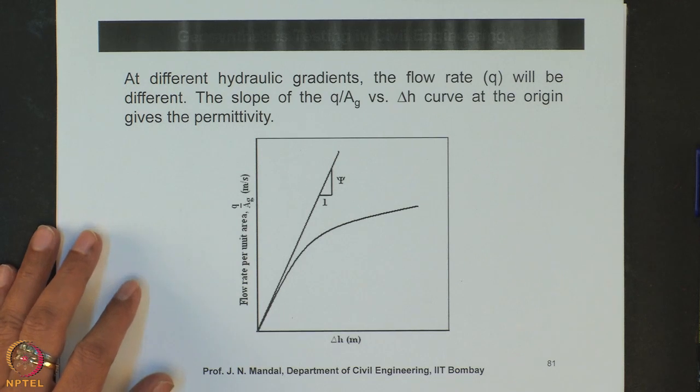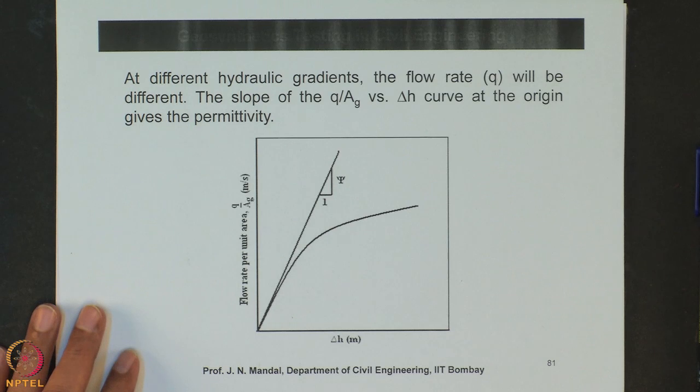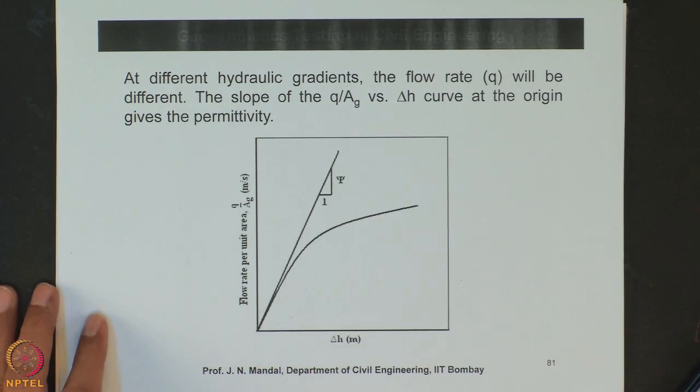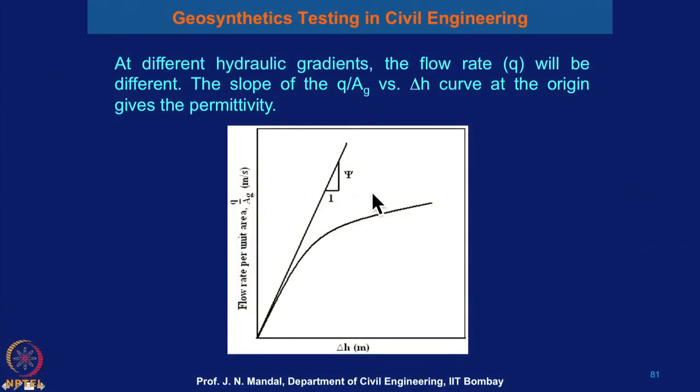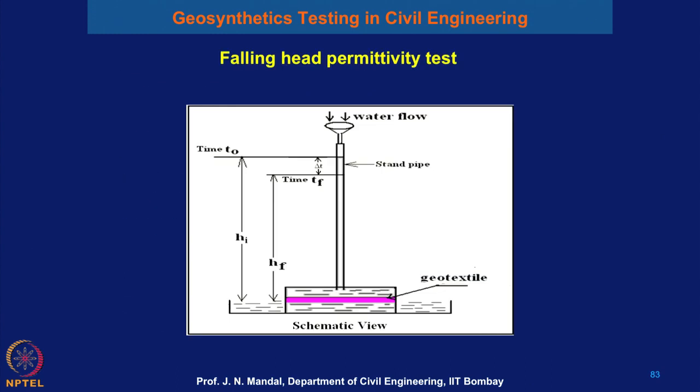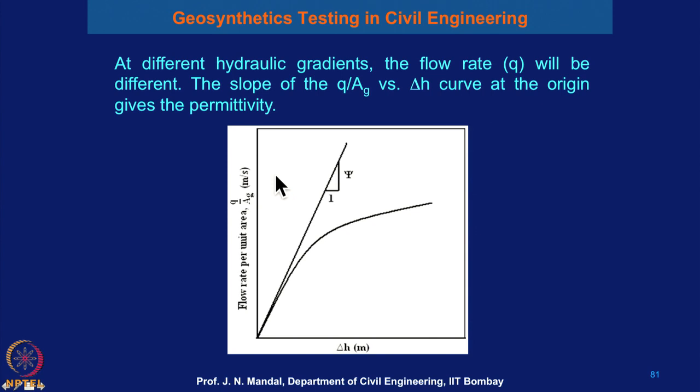For different hydraulic gradients there will be different flow rates Q. The permittivity is defined by the slope of the Q/A_g versus Δh curve at the origin, which will give you the permittivity of the geosynthetic material.